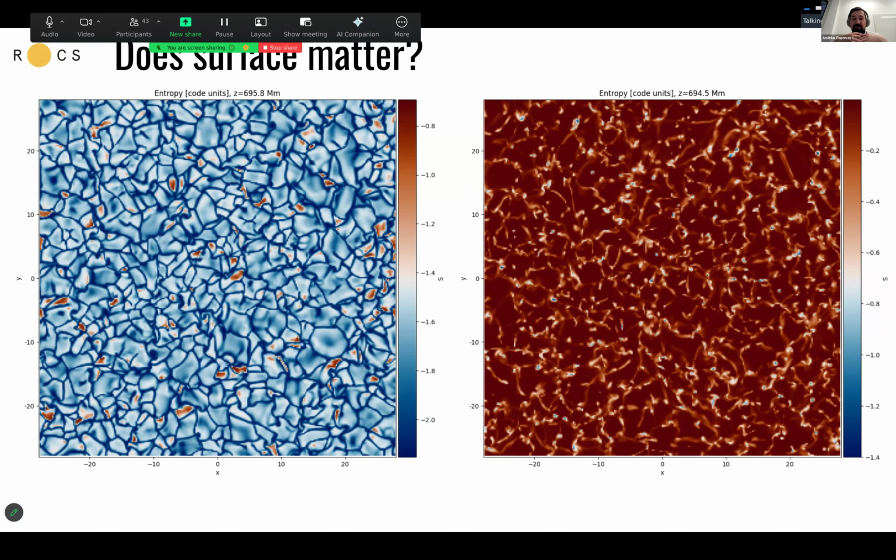I need to point out that we normalize or shift the entropy to 0. That 0 is the highest entropy value in the convection zone, so that it's numerically the most precise. So basically that's why it's a relative entropy in code units. You can see still blue dots penetrating.